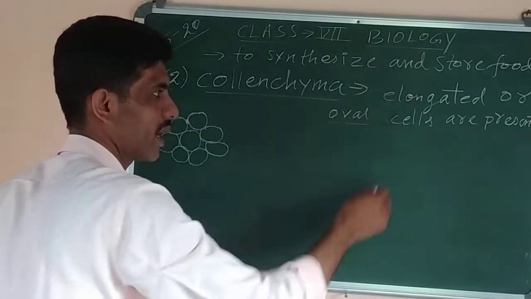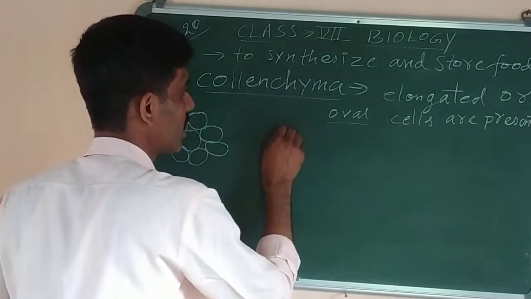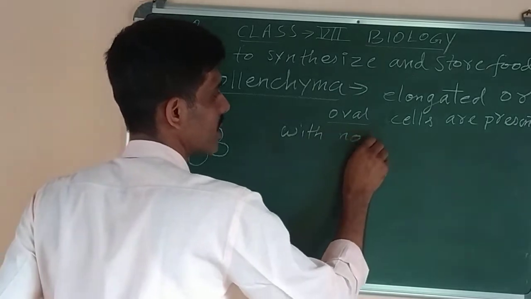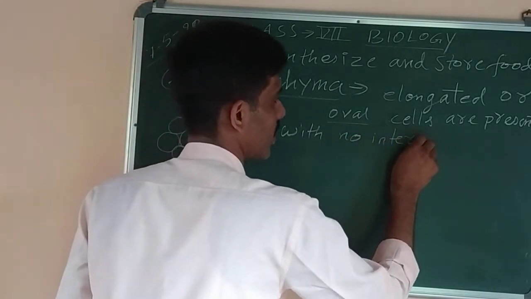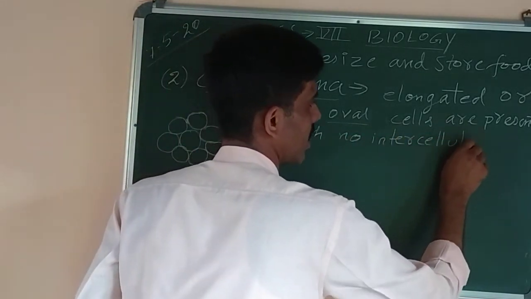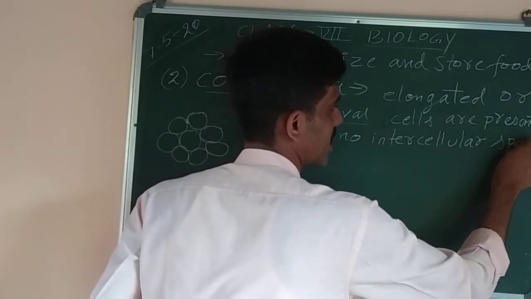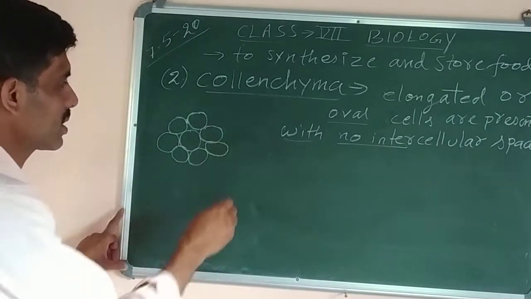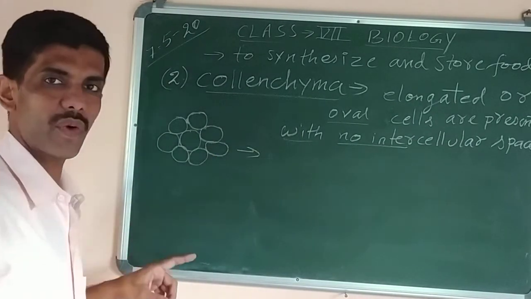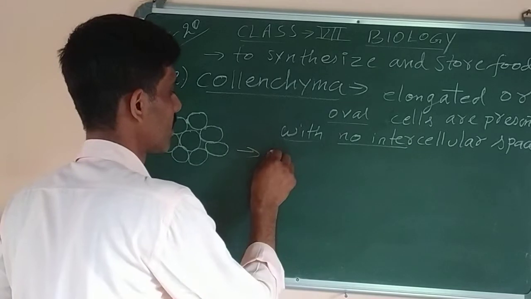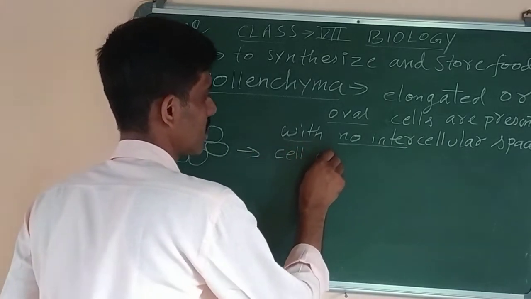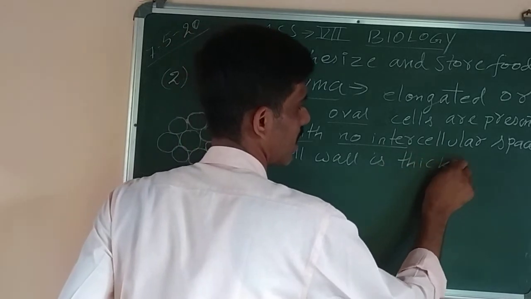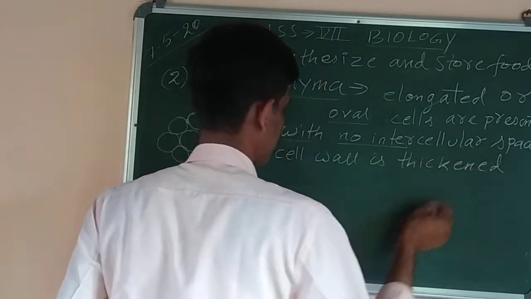Oval or elongated cells are present with no intercellular space, which means intercellular space is not present between them. Why? Because their cell wall is thick. You can write the word thickened.